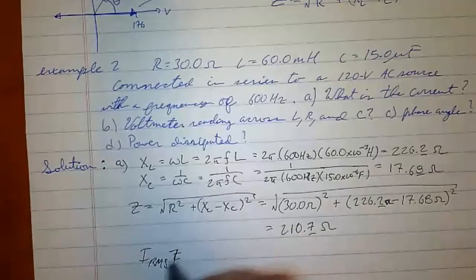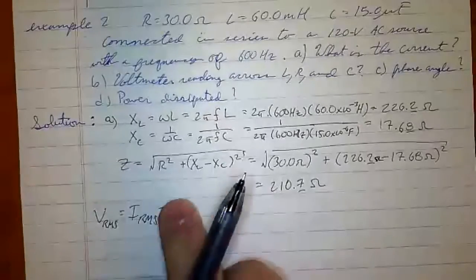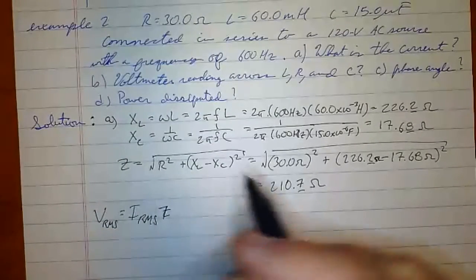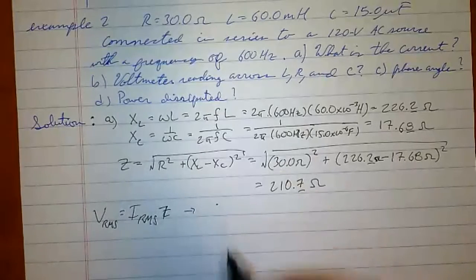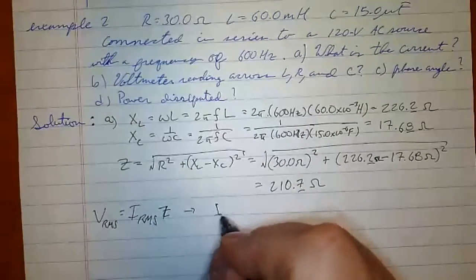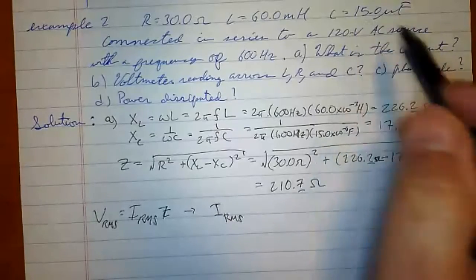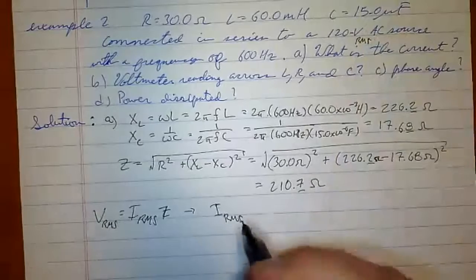Now the deal is the IRMS times the Z gives me the VRMS. Of course, it also works out that if I use I peak, then this comes out in I peak. But what I want is the current. That's what part A was asking for. So IRMS, and again, the 120 volts I used were supposed to be RMS. I'll just put that note there to remind you.